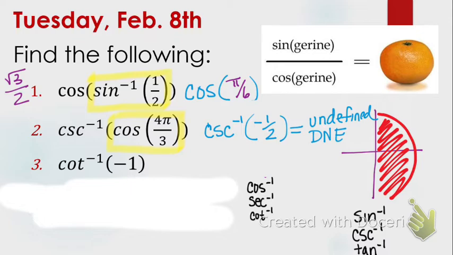And then the last one is just using what angle and what quadrants am I looking in for number 3? It's a cotangent. So what quadrants do we look in for cotangent? 1 and 2, and it's an easy one because it's negative 1. So we should know that it's in quadrant 2, and our angle is 3 pi over 4.